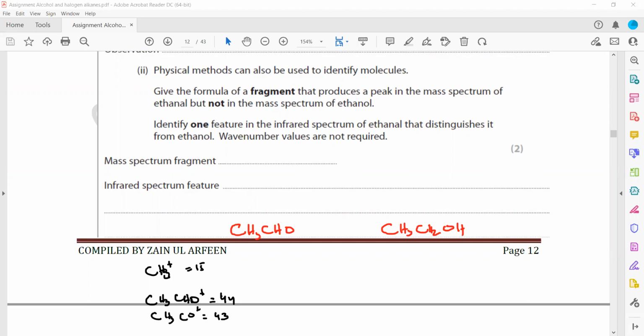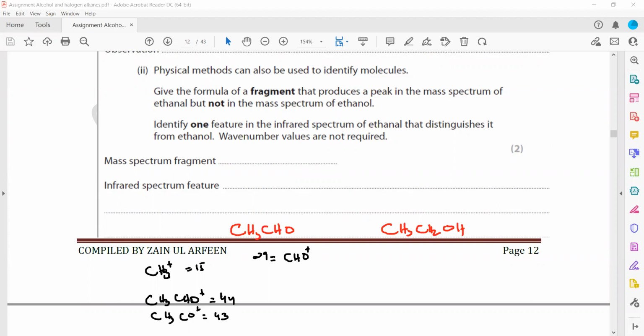So breaking from right to left or left to right, it will be same here, because either we'll get CHO. So if we get this CHO, carbon is 12 plus 16, 28 plus hydrogen, so we will get a peak at 29. And then we will get the whole molecule, which is 44.